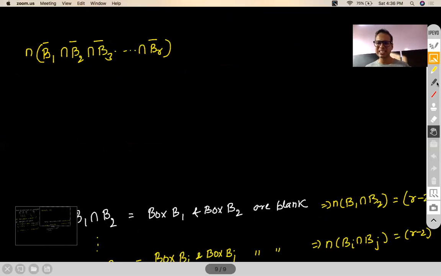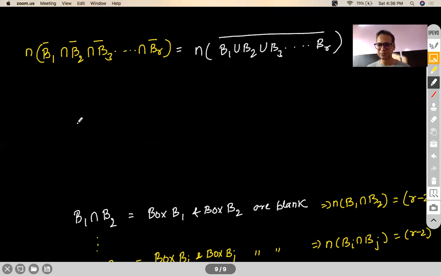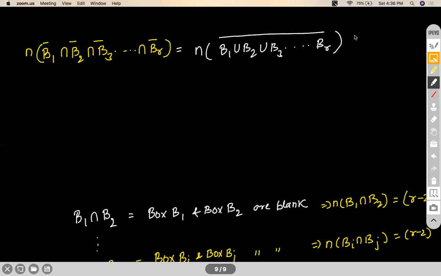So I'm basically talking in the language of sets with you. Now, as per De Morgan's law, this is as good as (B1 union B2 union B3 up till Br) whole complement. This is De Morgan's law. Correct. Let me write it down over here also. Let me just remove my camera for some time. Yeah, this is by De Morgan's law.